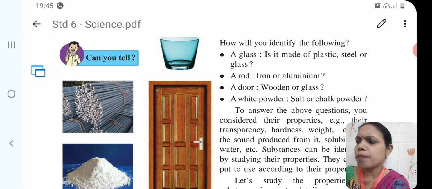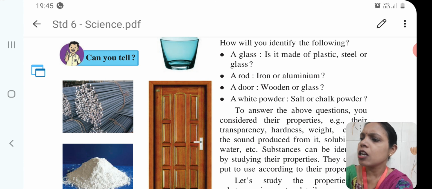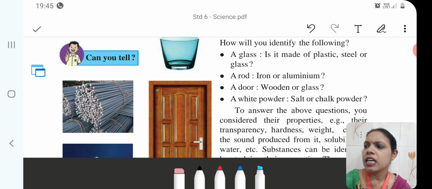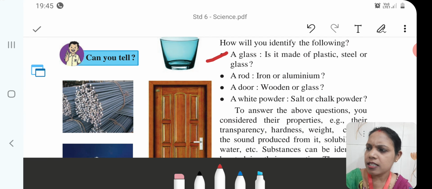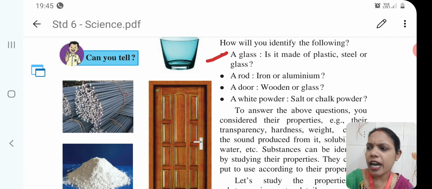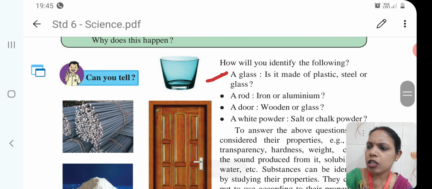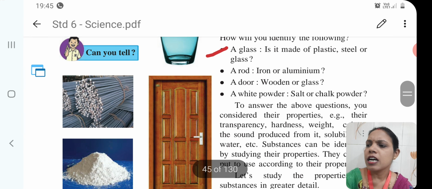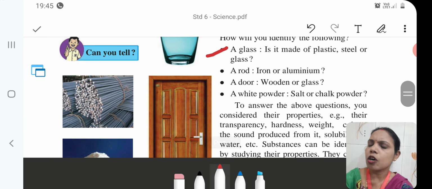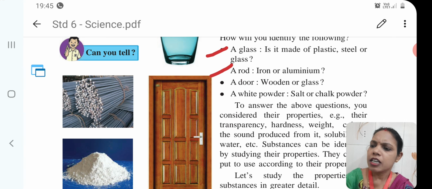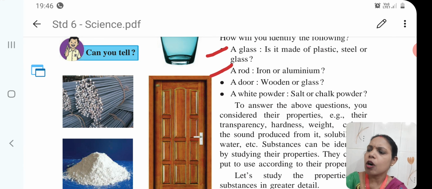Is it made up of plastic, steel or glass? You can observe the picture of the glass and give the answer. Next example, some rods we are seeing in our picture. Are these rods made up of iron or aluminium?